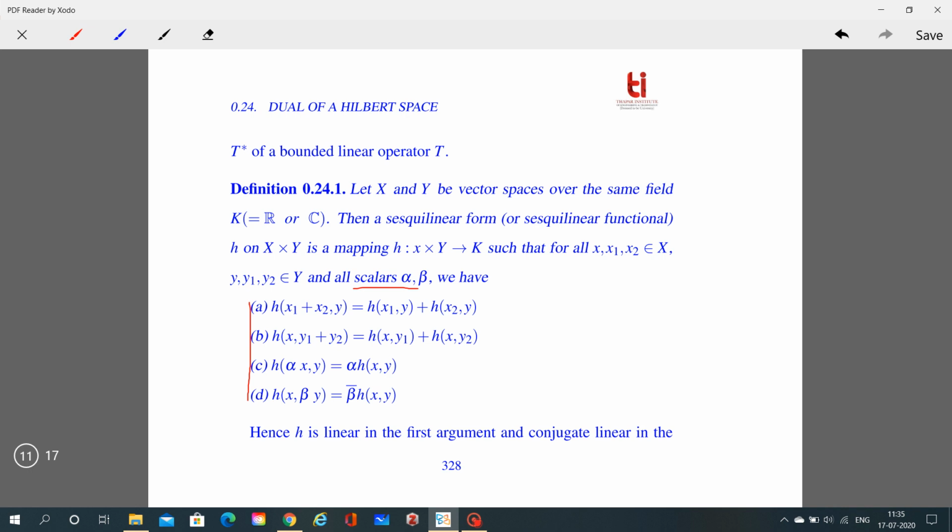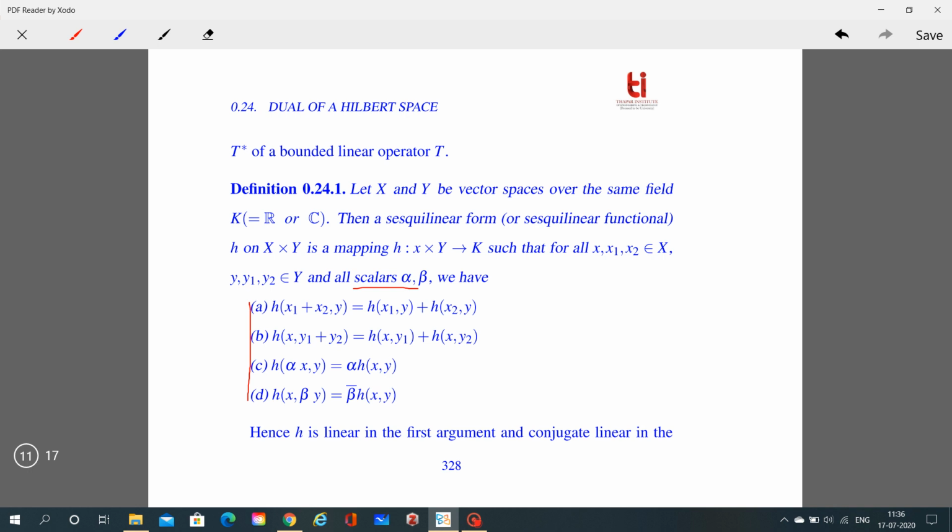That is, h of x1 plus x2 comma y is equal to h of x1 comma y plus h of x2 comma y, and h of x comma y1 plus y2 is equal to h of x comma y1 plus h of x comma y2.